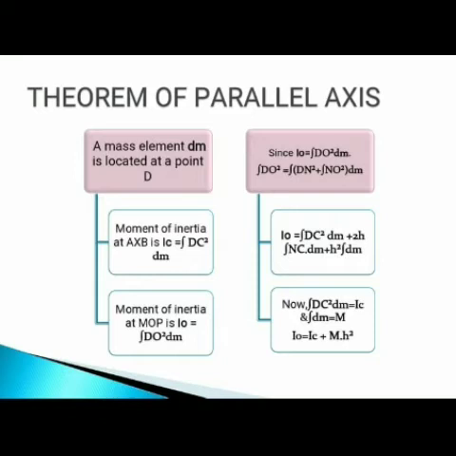This proves the theorem of the parallel axis. The moment of inertia about the parallel axis is the square of the perpendicular distance between the two parallel axes and the product of its mass.